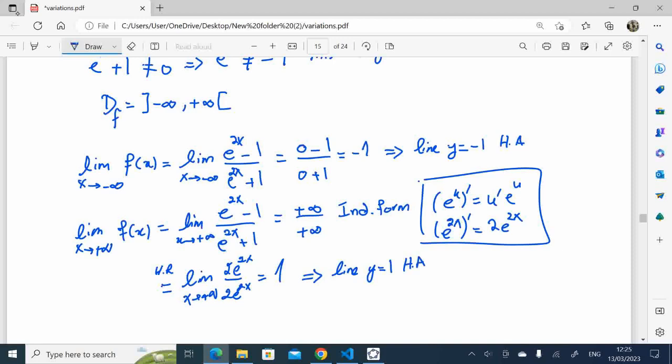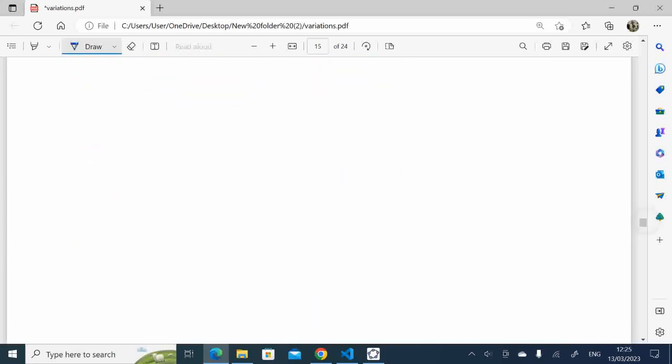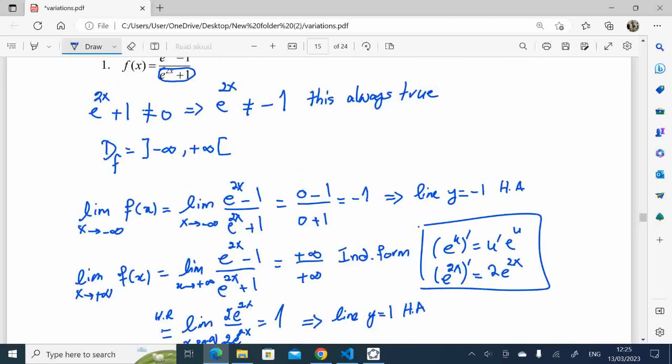The next step will be the derivative and the table of variation. So what is the derivative of this function, f prime? This function has the form u over v, right? In order to find the derivative of any function of the form u over v, we should use (u′v − v′u) over v squared.